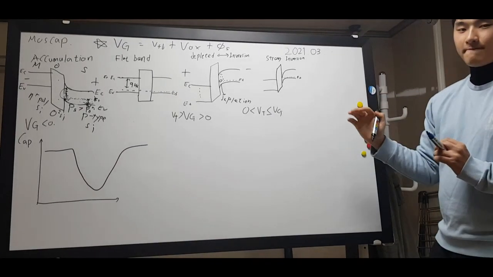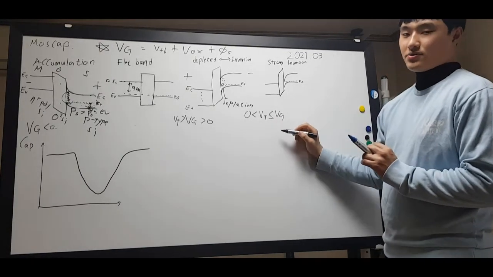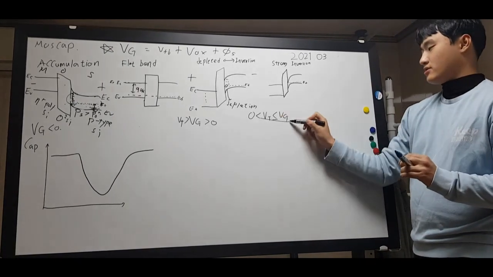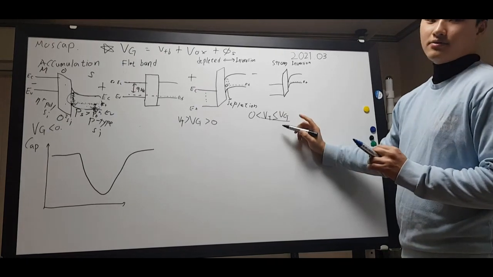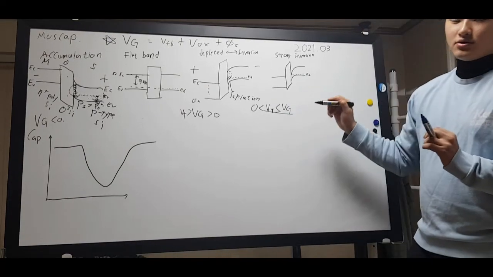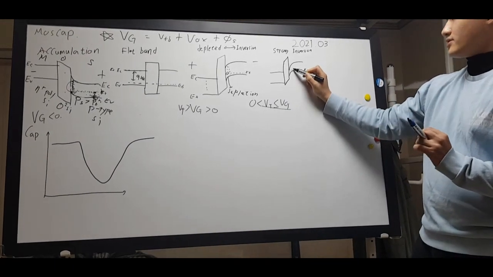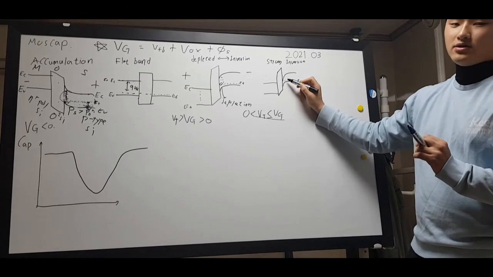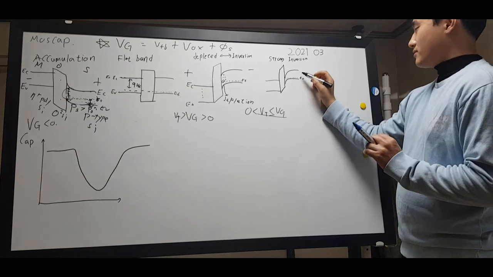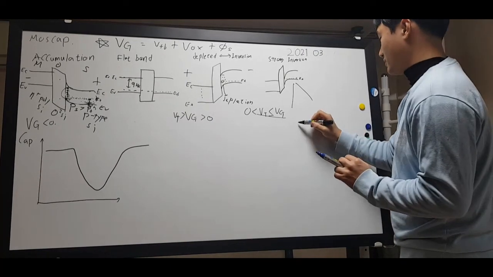And fourth, strong inversion. This will happen when the gate voltage is the same as or over the threshold voltage. When the gate voltage bias is over the threshold voltage, the electrons start to gather, and when you see the graph, with the energy band diagram, the Fermi level is at the bulk.